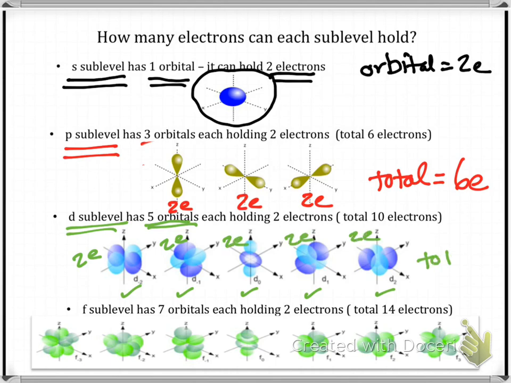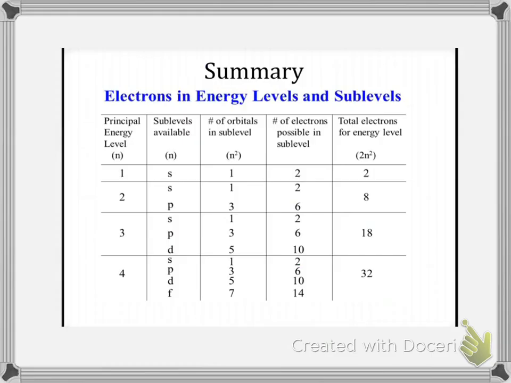So the total that the d can hold is 10. And you can see finally we have the f sublevel. The f sublevel has 7 orbitals. You can see them here. 1, 2, 3, 4, 5, 6, 7. Each one can hold 2 electrons, total 14.